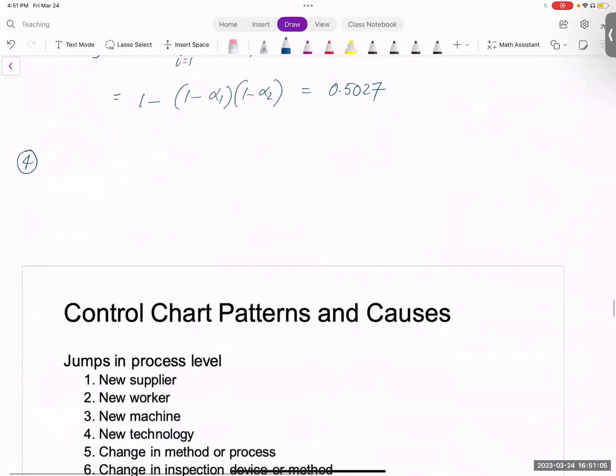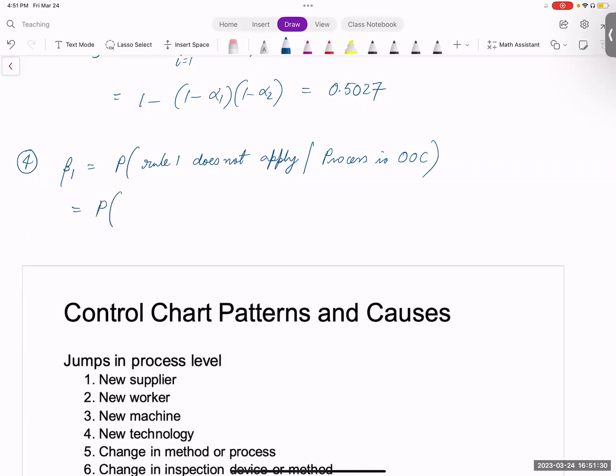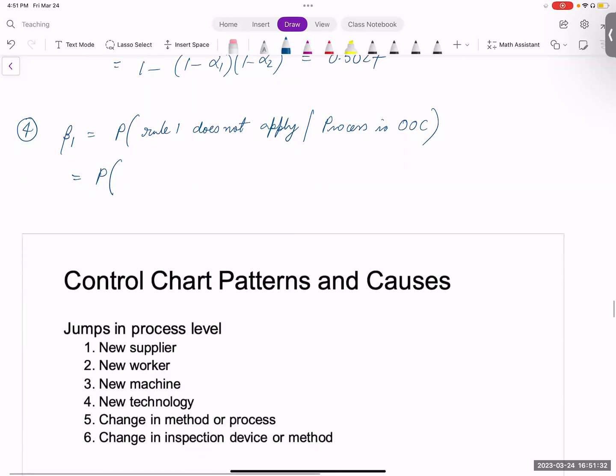So let's look at 4. Let's call it beta 1. This is equal to the probability. To compute type 2 error, you basically say the rule does not apply. So rule 1 does not apply given the process is out of control. Now let's write down rule 1. Rule 1 was that one or more sample means are outside the control limits.